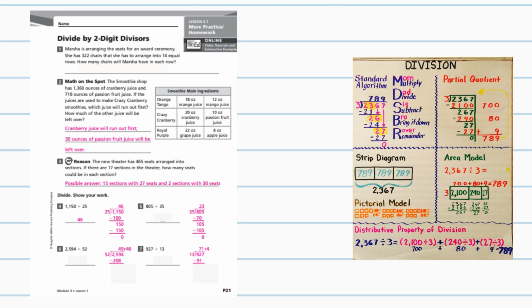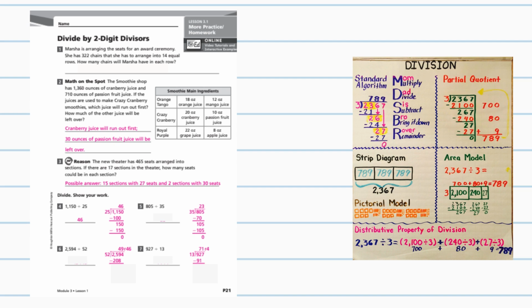All right, so for your math on the spot, the smoothie shop has 1,360 ounces of cranberry juice and 710 ounces of passion fruit juice. If the juices are used to make crazy cranberry smoothies, which juice will run out first? How much of the other juice will be left over?